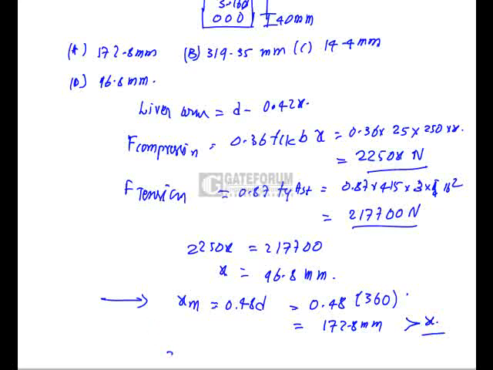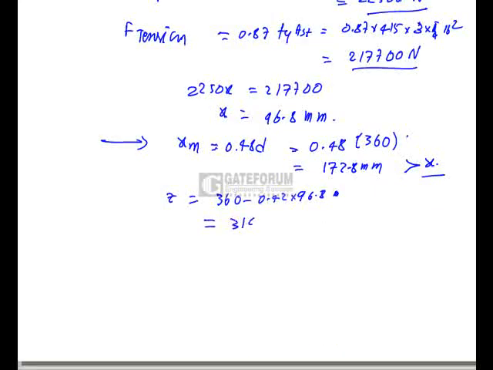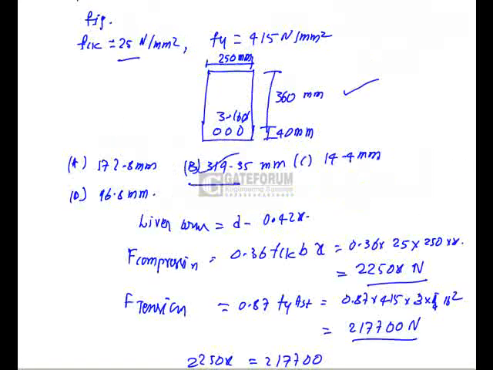So lever arm z is equal to d, 360, minus 0.42 into x, 96.8. That implies we will get 319.35 millimeters. If it is less than xu max, then we have to take this value instead of this value. So this is 319, option B is correct.